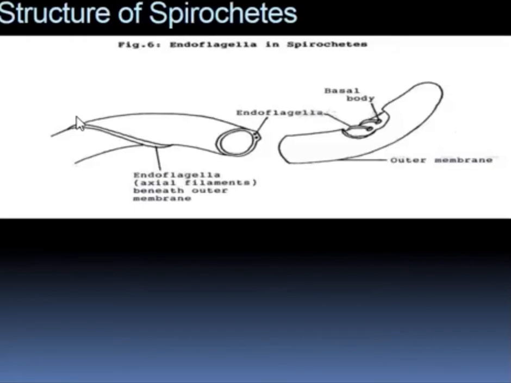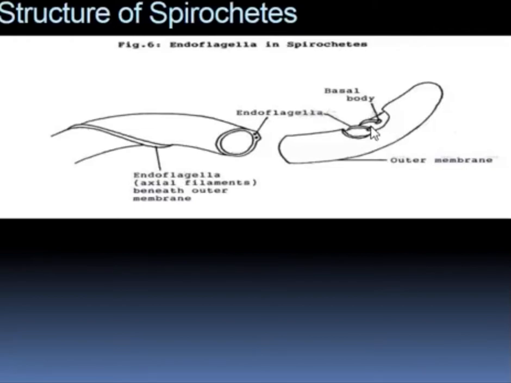Now, these endoflagella or these axial fibrils are actually inserted in plate-like structures which are found towards the end portion of the spirochete cell wall or body. We call these plate-like structures, where the endoflagella is inserted or attached, insertion discs.